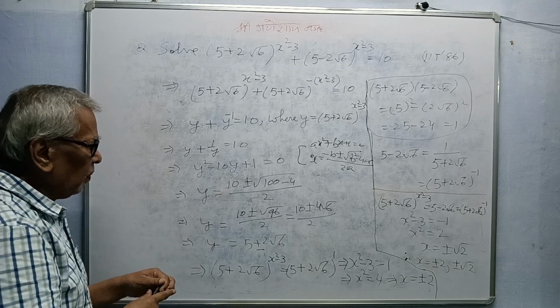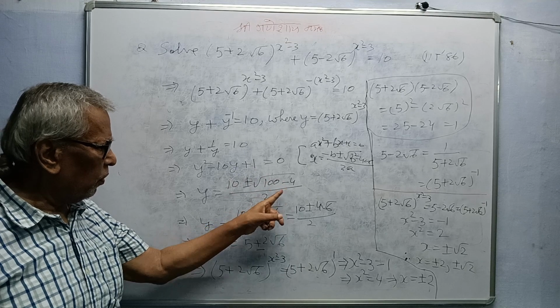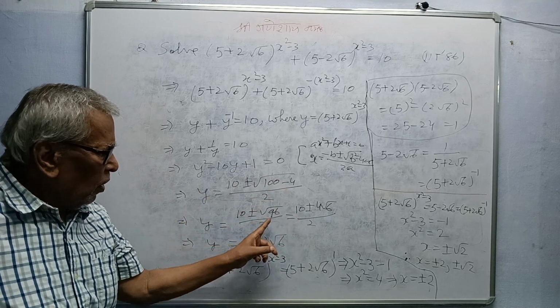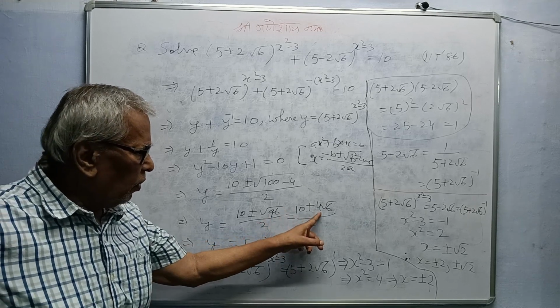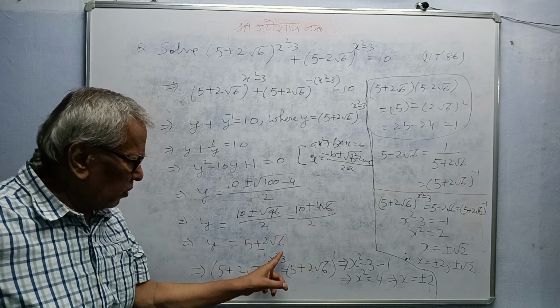So 10 plus minus root of 10 square minus 4 into 1 into 1, divided by 2 into 1. So 10 plus minus root 96. 16 times 6 is 96, so the square root of 16 is 4. So 4 root 6 by 2. So this is equal to 5 plus minus 2 root 6.